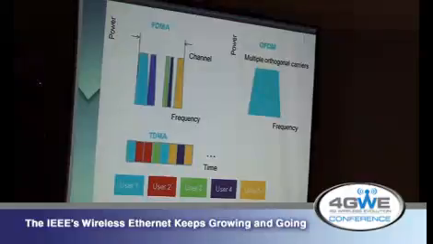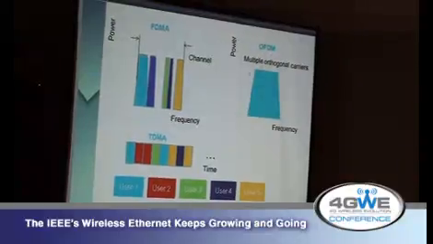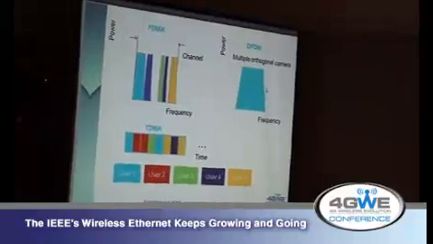Okay, so FDMA is simply frequency channels. It's a fancy name, frequency division multiple access, for having different transmissions in different channels. TDMA is basically when you have different users using different slots in time, and that's your typical GSM. OFDM, orthogonal frequency division multiplexing, consists of multiple carriers and essentially divides up the transmission.